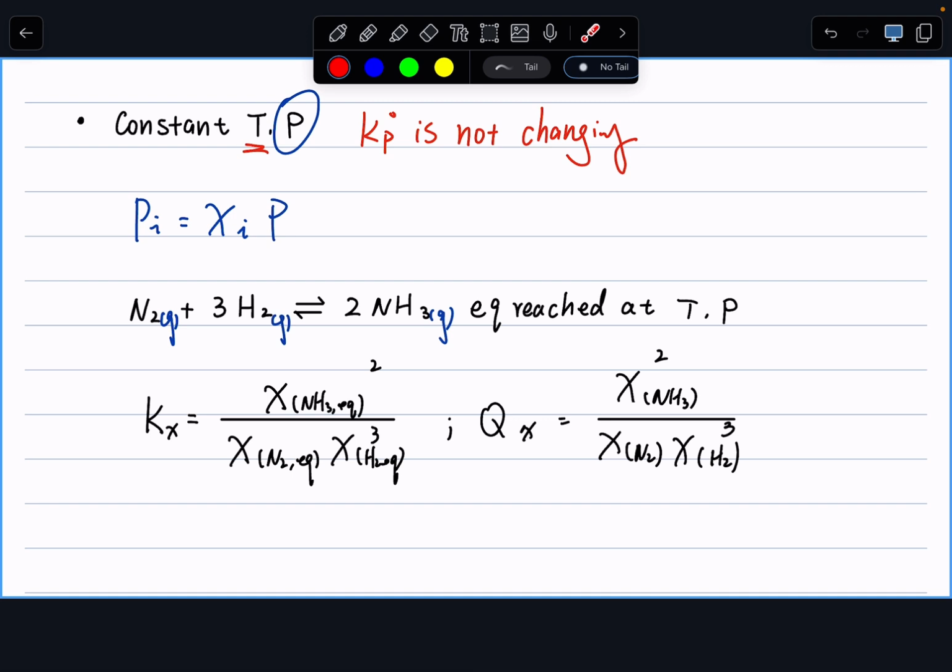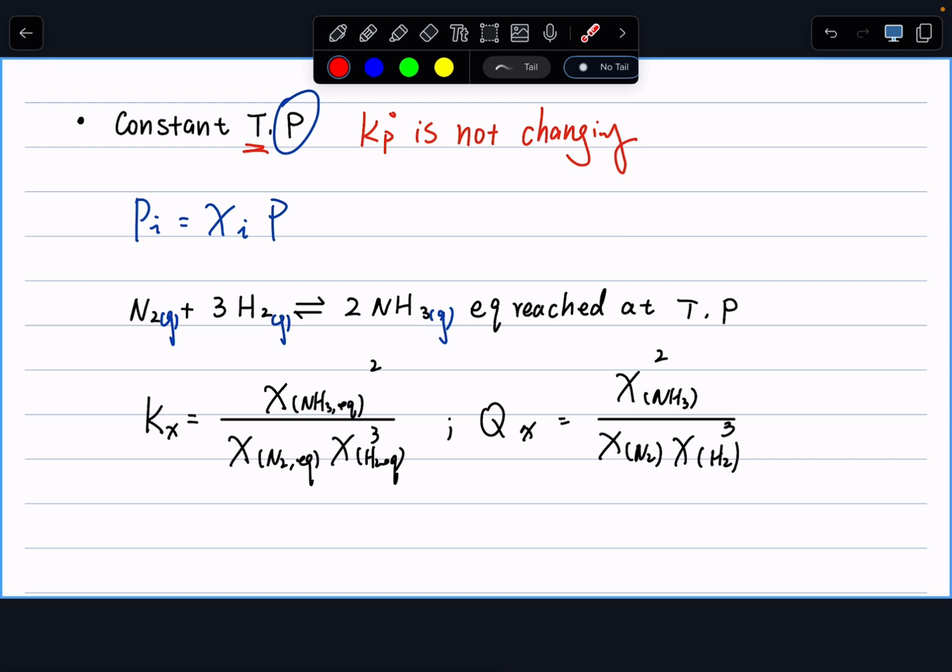That equals 1 divided by 6, which is 0.167. The mole fraction of N2 in scenario 1 is 4 over 6, that's 0.667. That of H2 in scenario 1 is 0.167.